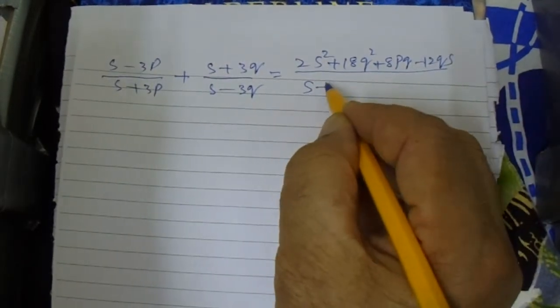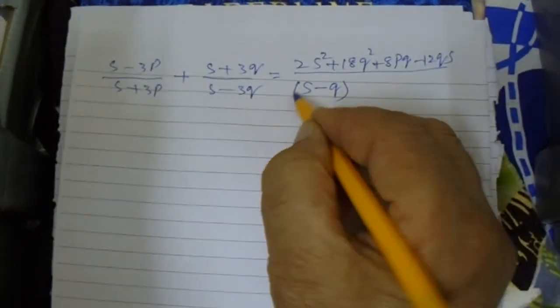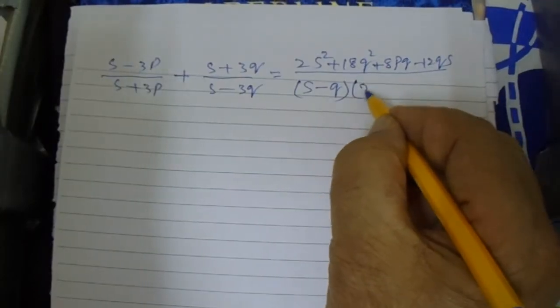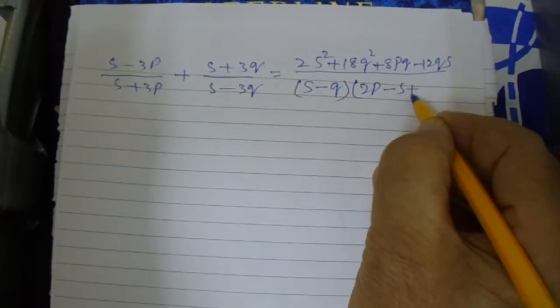We have s minus q and 2p minus s plus 3q.